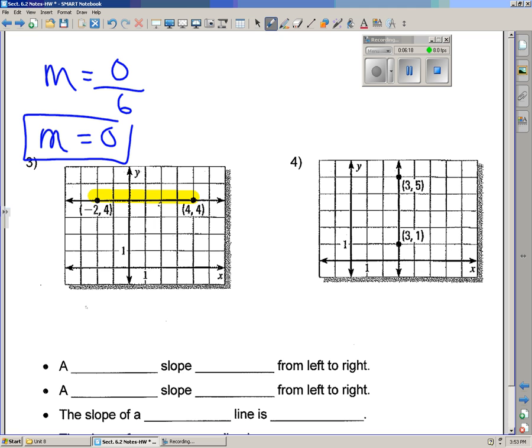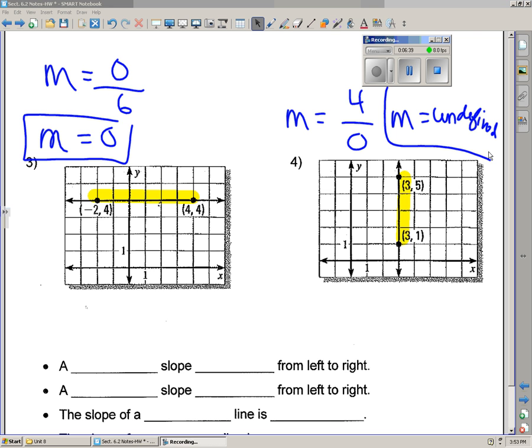And on this one, I don't have a left and a right point, but if I decide to go from bottom up, I happen to be here rising, in this case 4, but I don't run anywhere. 0 on the bottom, your slope is undefined.